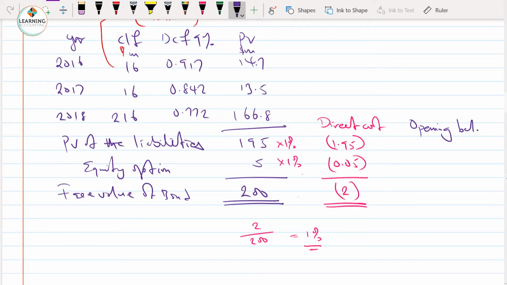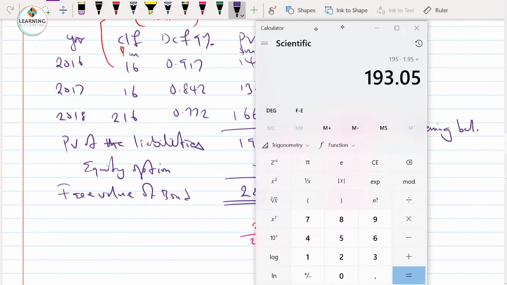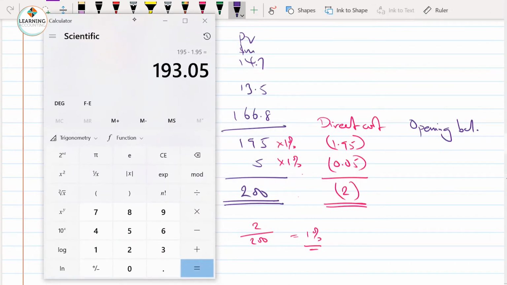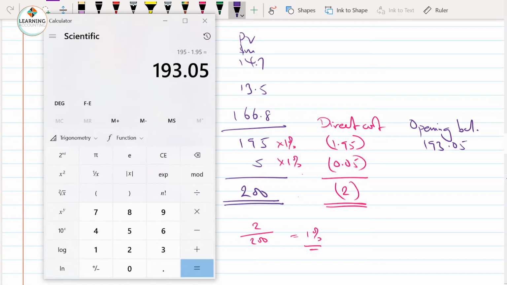We have 195 minus 1.95, and that gives us approximately 193, precisely 193.05. We should leave it like that. And 5 minus 0.05 gives us 4.95.